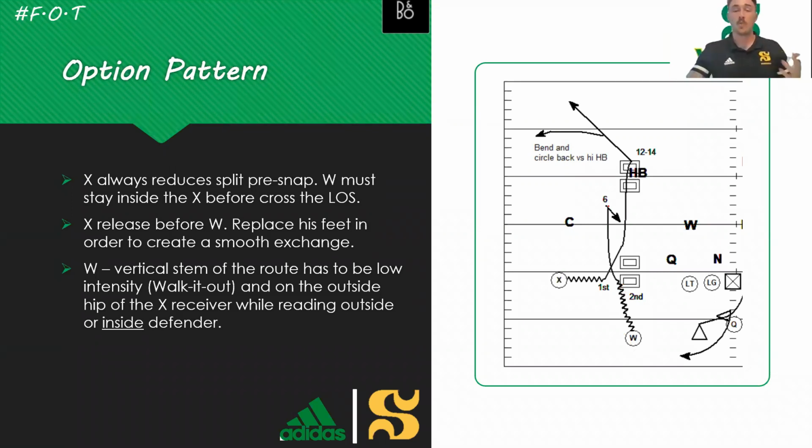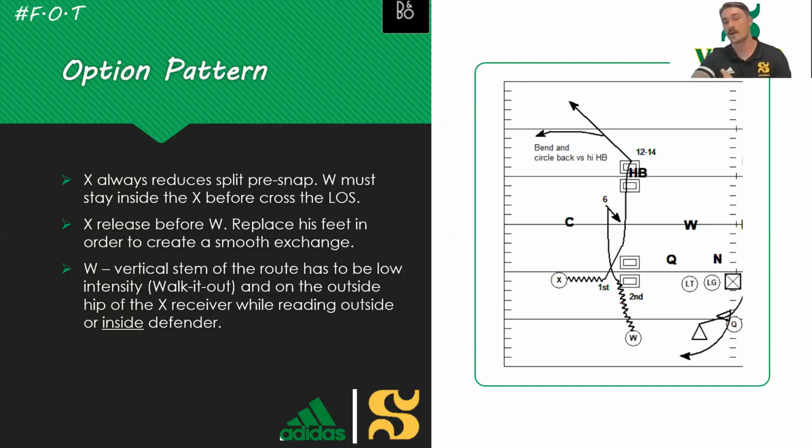Now, with this concept, with the W receiver right here, what we tell him, okay? Now, there's two schools of thought about this, okay? My preference is a little bit unorthodox, but I'm going to show you why it works all the time, okay? Initially when I was playing at University of Queens, my coach used to tell me, okay, you're going to read the low outside defender, okay?